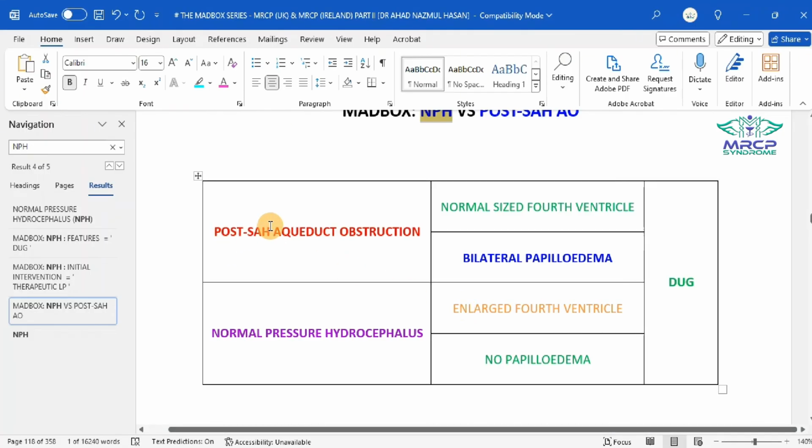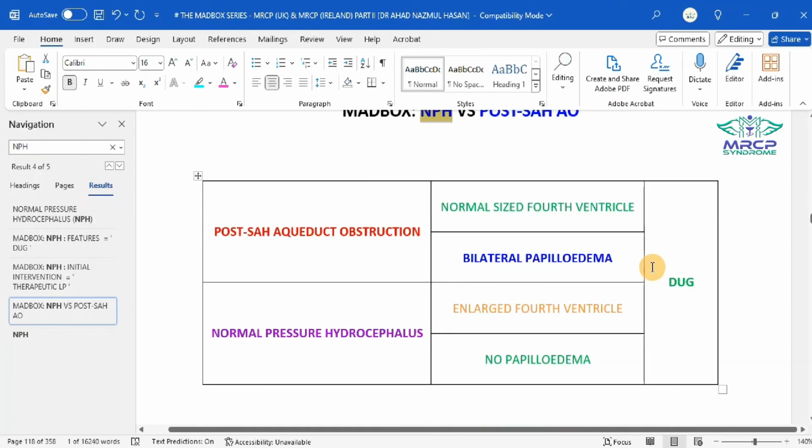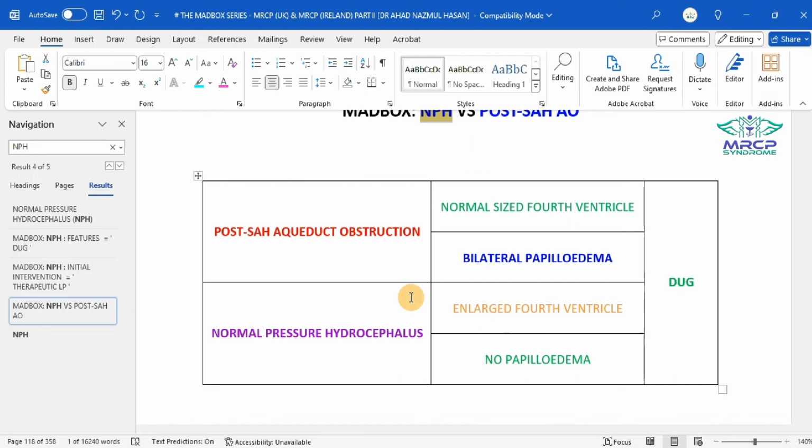And in case of post subarachnoid hemorrhage aqueduct obstruction, there would be a normal sized fourth ventricle and bilateral papilloedema. The DUG triad would be present in both conditions. So depending on the enlargement of the fourth ventricle and the presence or absence of papilloedema, you can differentiate between the two conditions.